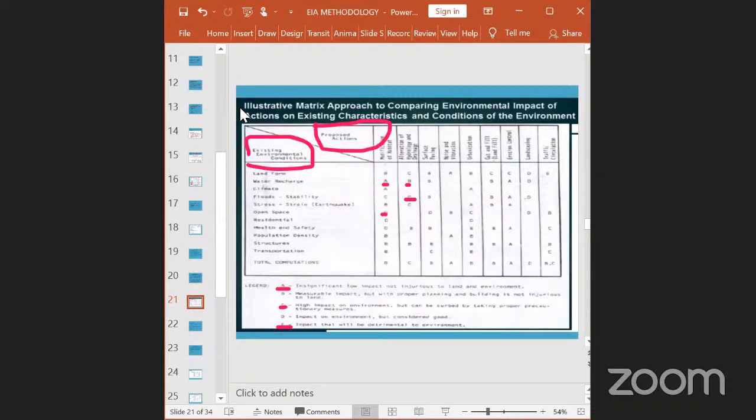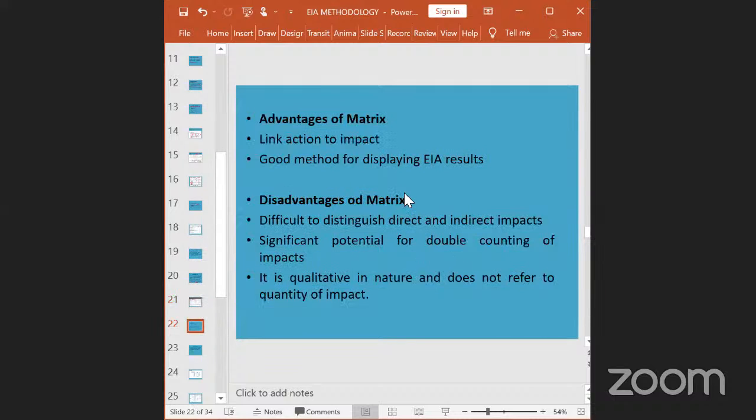So this is the illustrative matrix approach to comparing environmental impact of the actions on existing characteristics and conditions of the environment.